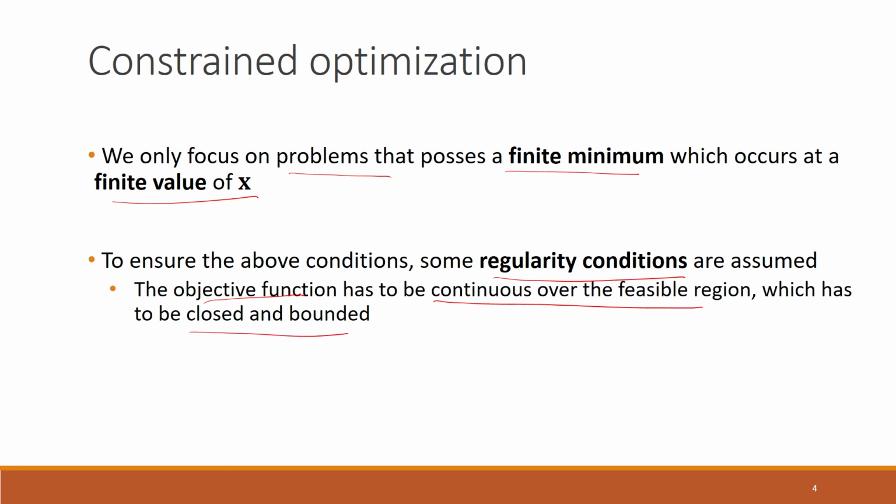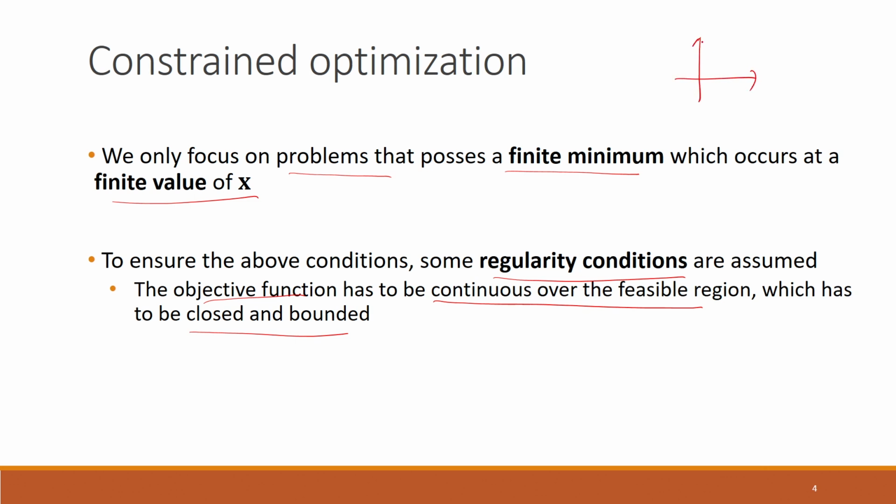Now, I hope everyone knows what a continuous function means. If you do not know that, I suggest that you quickly check a standard undergraduate-level mathematics book. In very layman language, a function is said to be continuous if you can, for example, draw it without lifting the pen. An example of a discontinuous function is like this.